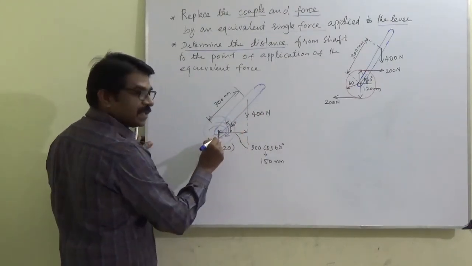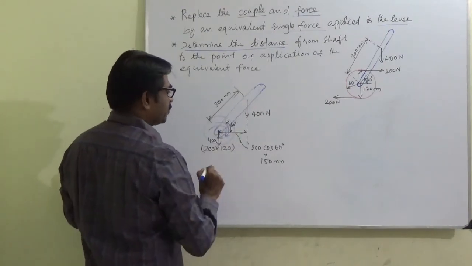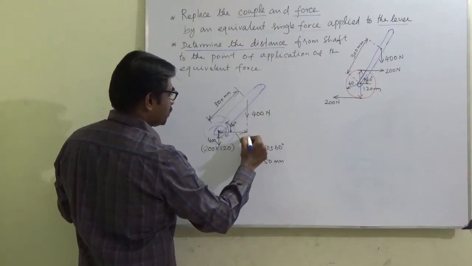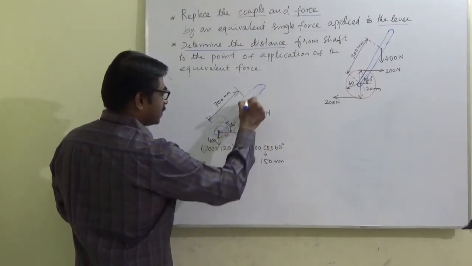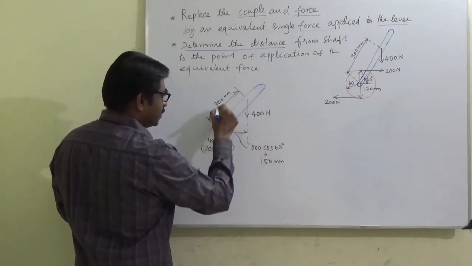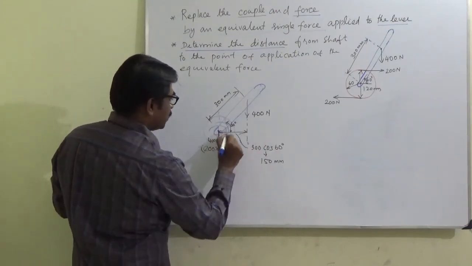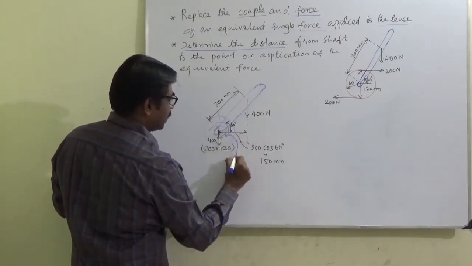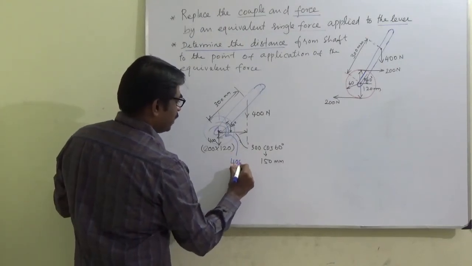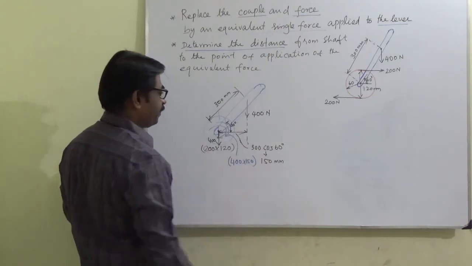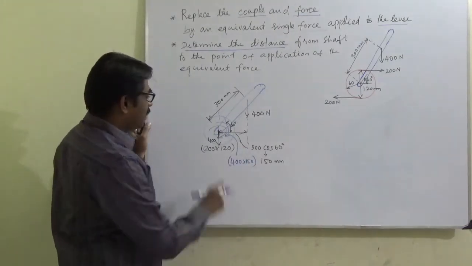Already a couple is present, another couple I am introducing, that will be equal to force into perpendicular distance. So this is the force direction, the perpendicular distance is this. So this couple will be 400 into 150.